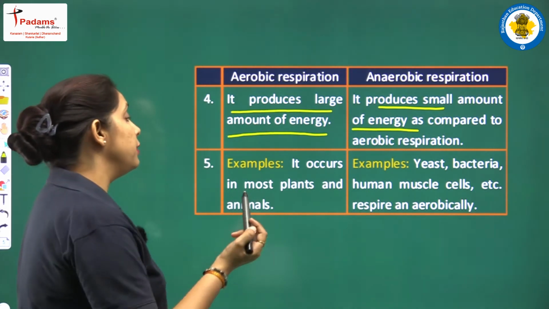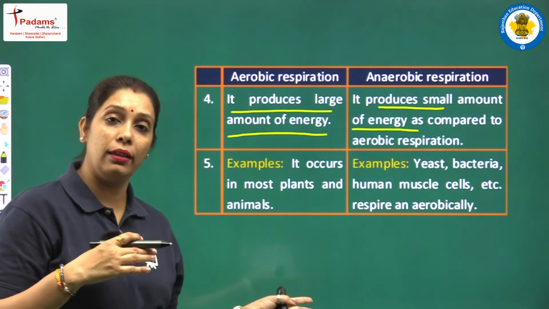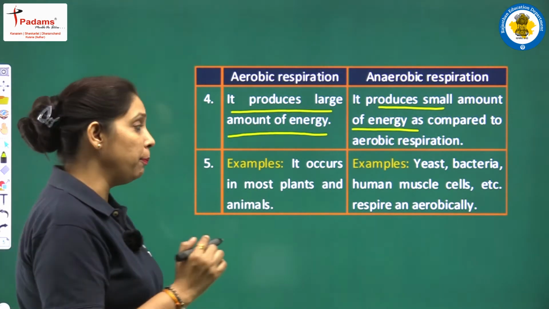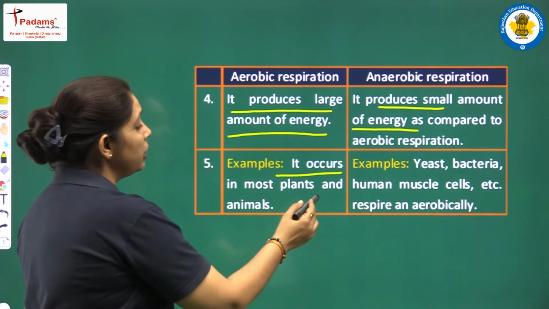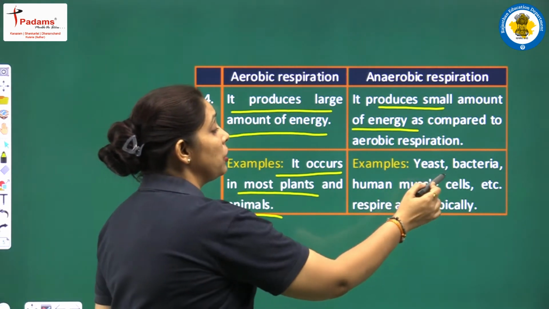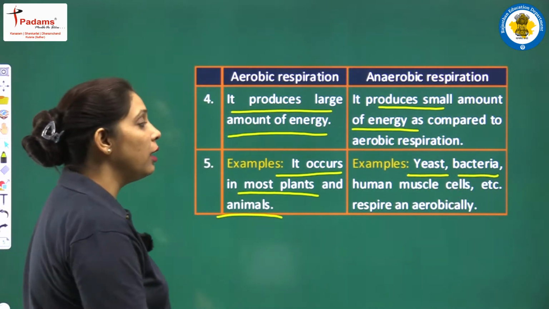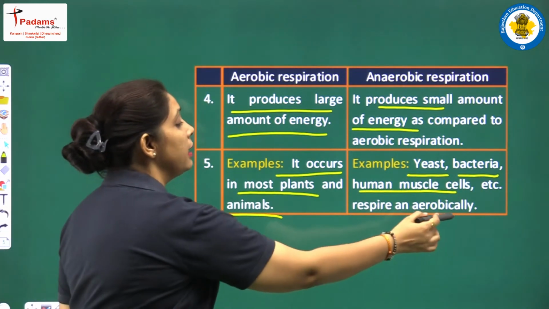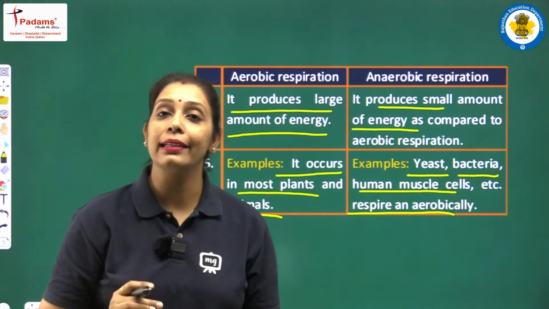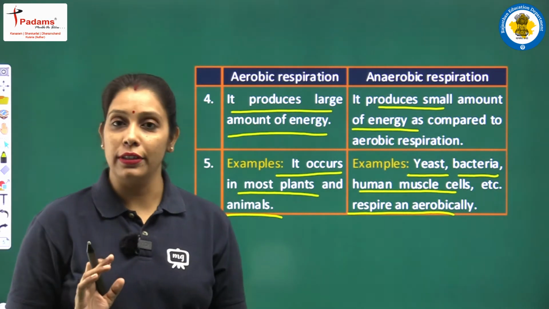Next important difference, that you have to write the examples where the aerobic respiration takes place and where anaerobic respiration. Here it occurs in most plants and animals, and anaerobic respiration happens in yeast, bacteria, human muscle cells, all respire anaerobically. Is that clear to everyone? In this way you have to write the differences.